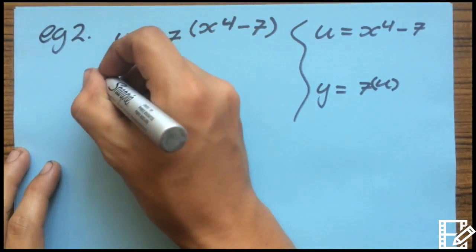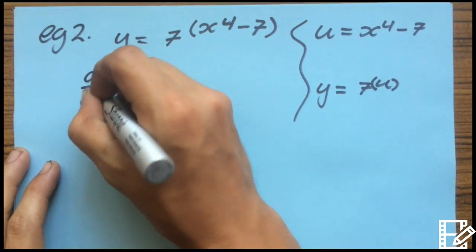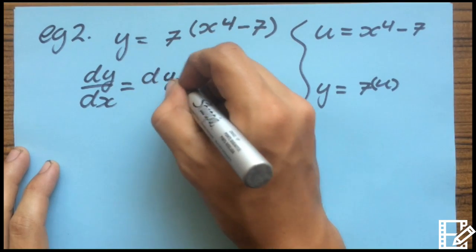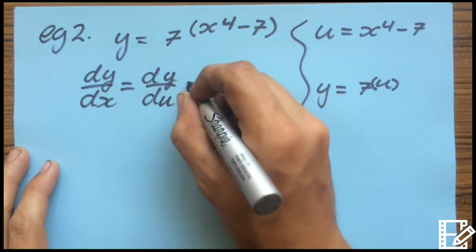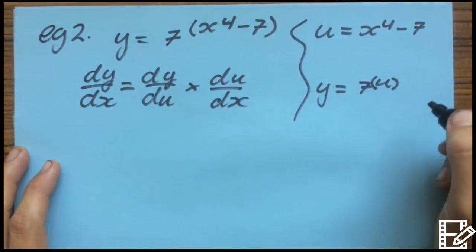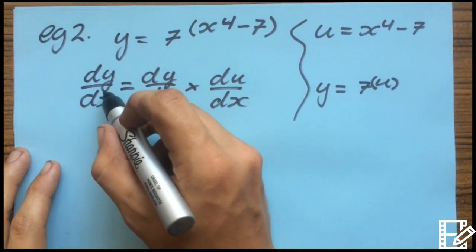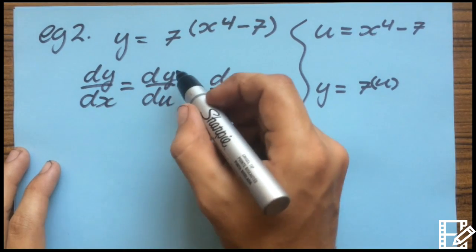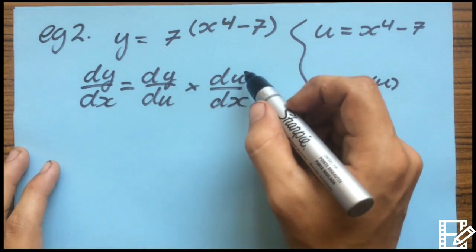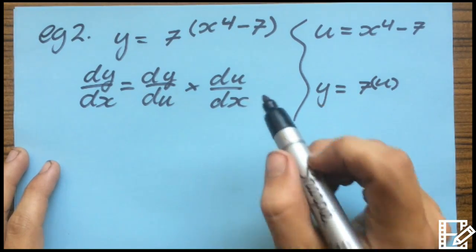So dy over dx equals dy over du multiplied by du over dx, which says the derivative of y with respect to x equals the derivative of y with respect to u multiplied by the derivative of u with respect to x.